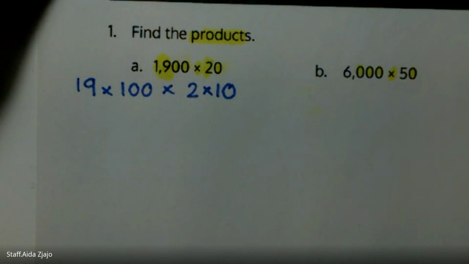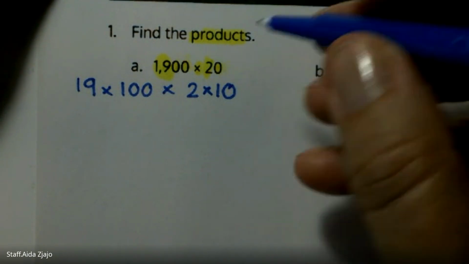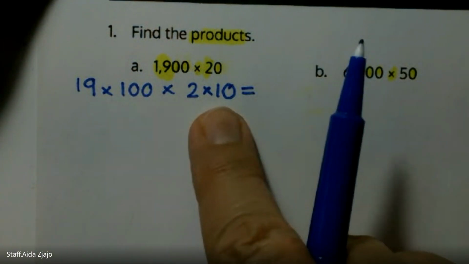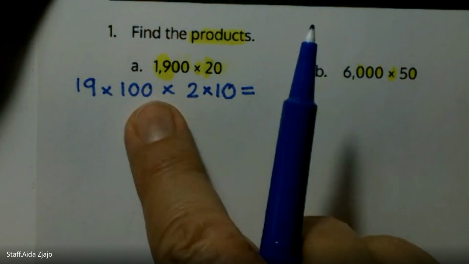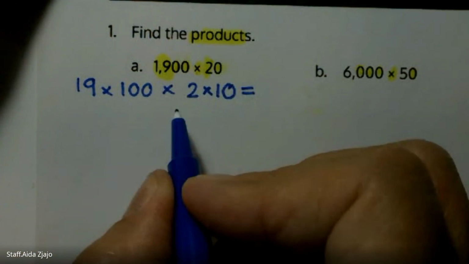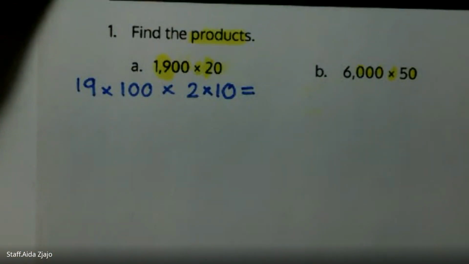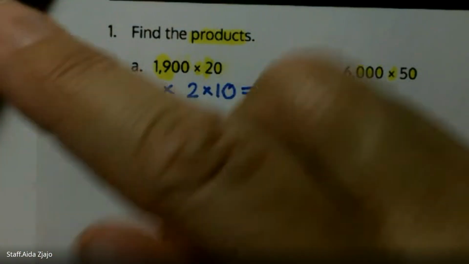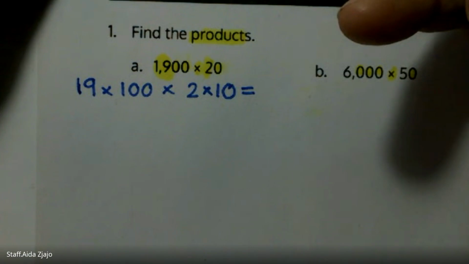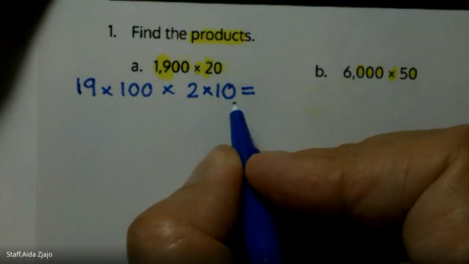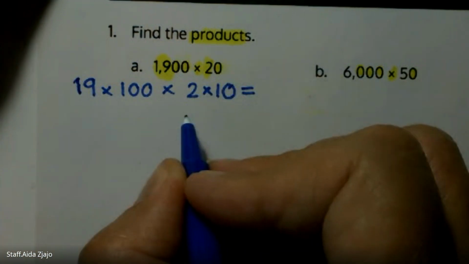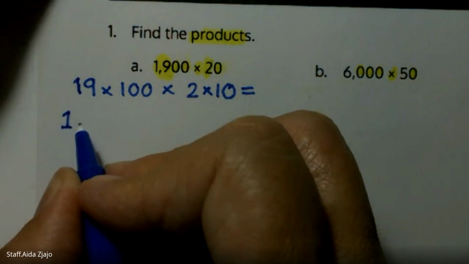But you have to know the logic behind this, that you now have 100 times 10. So 100 times 10, the commutative property works, and also the associative property for multiplication. The associative property says that I can move these around to my liking.